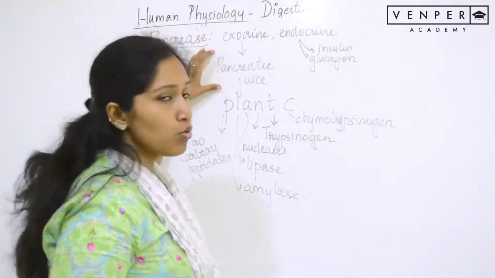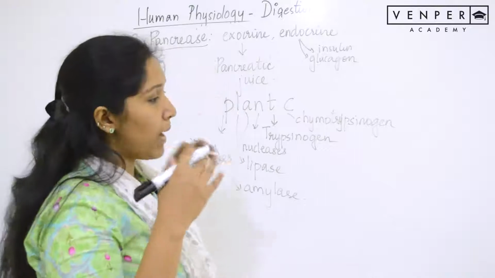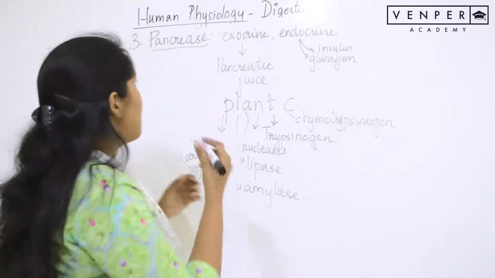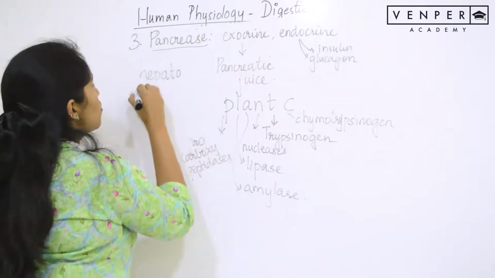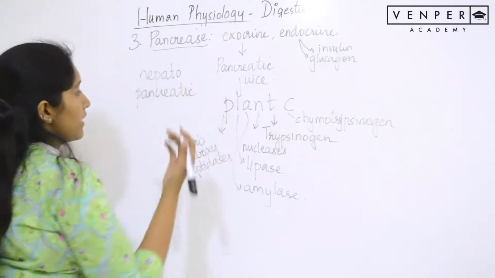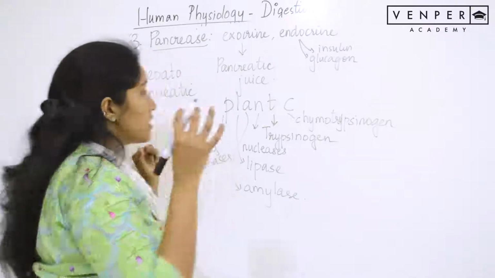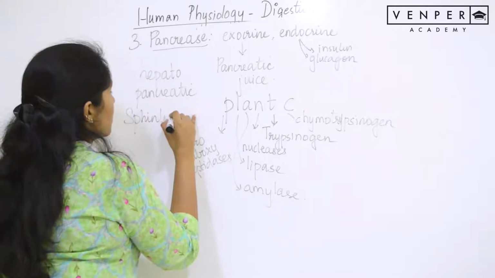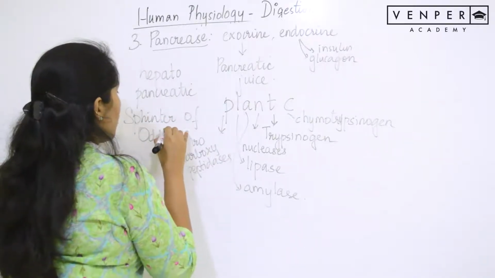So the pancreatic juice is poured into the duodenum through the pancreatic duct, and the pancreatic and the bile duct combine together to form the hepatopancreatic duct. The secretions are controlled by a specific sphincter called the sphincter of Oddi.